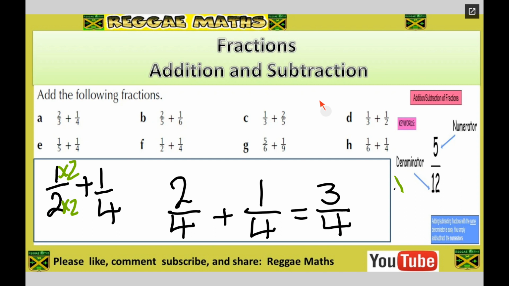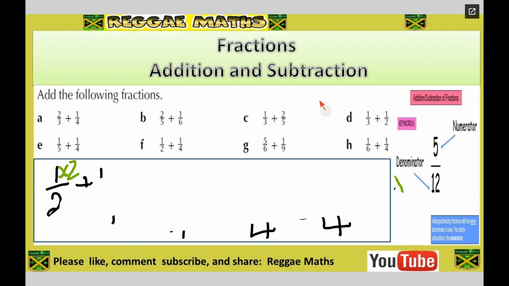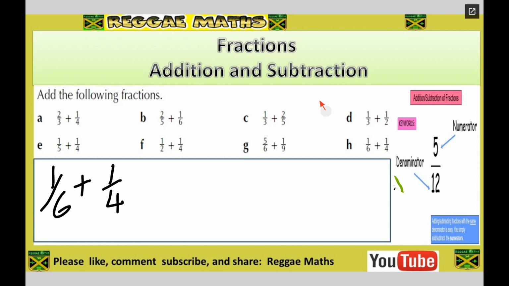Okay, next I'm going to look at H. H is one sixth plus a quarter.